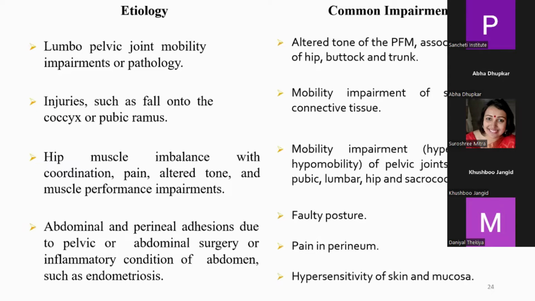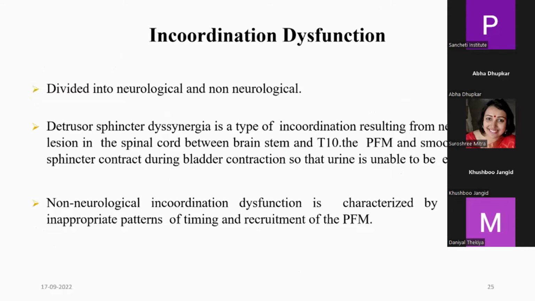Now we'll be moving to the next type of dysfunction, which is the incoordination dysfunction. So what do you understand by incoordination dysfunction? If you see this dysfunction, there are neurological and non-neurological conditions in which it is seen.